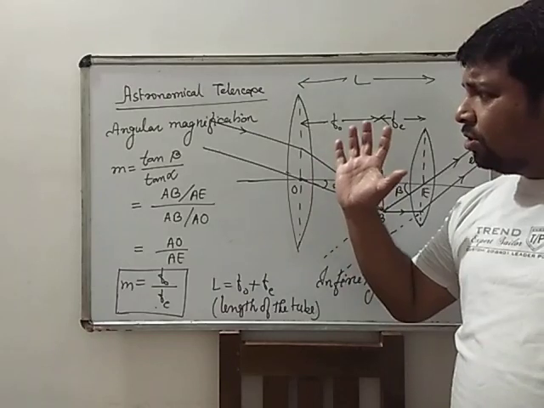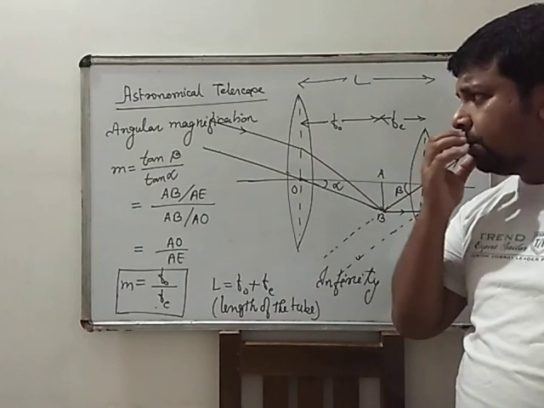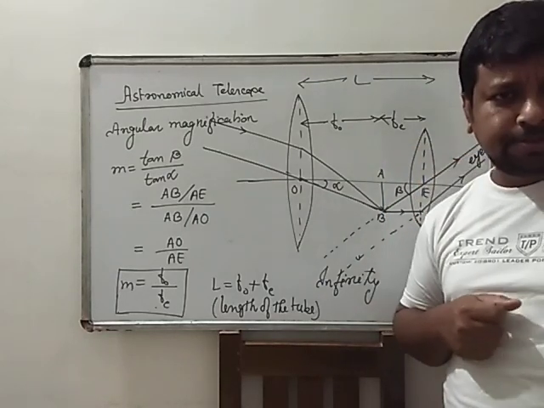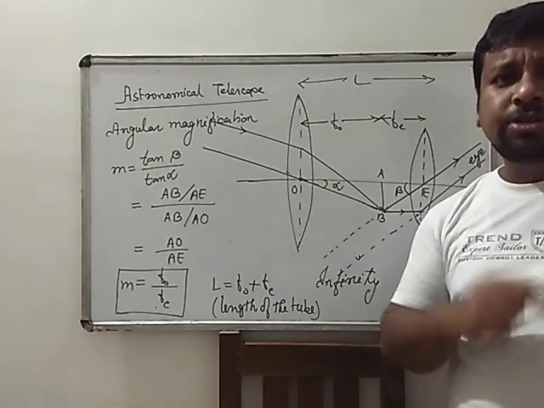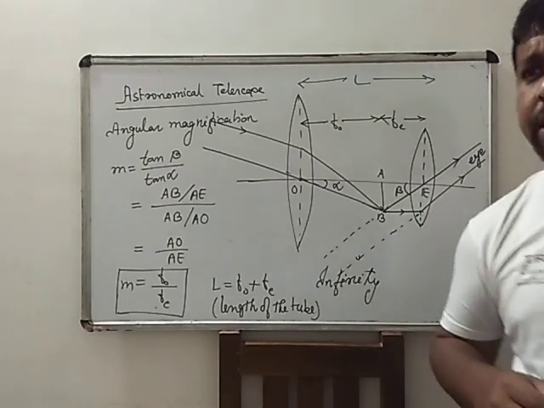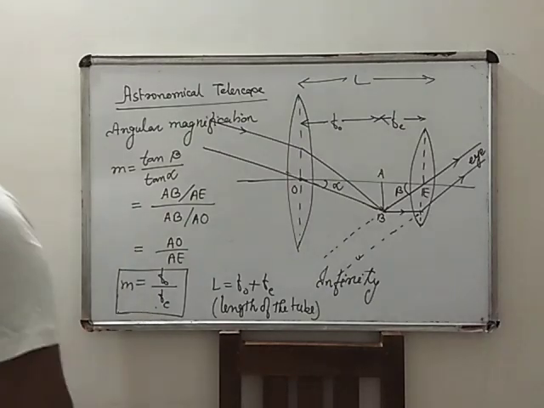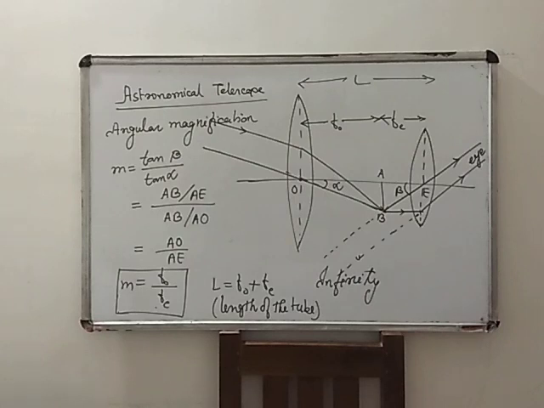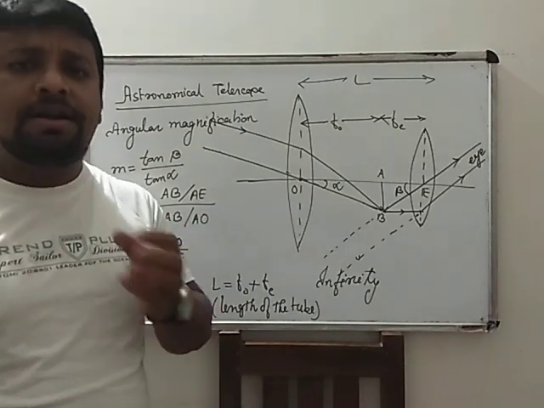In telescope, lenses are used. But we know in case of lens, aberrations take place, as we already saw in the compound microscope. So the image formed by the telescope will be blurred.